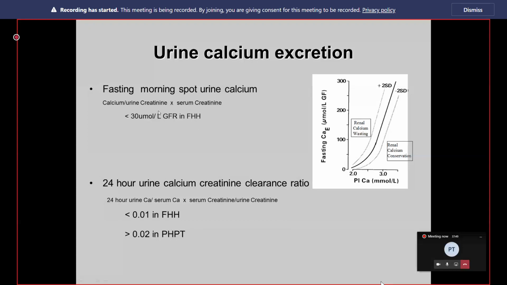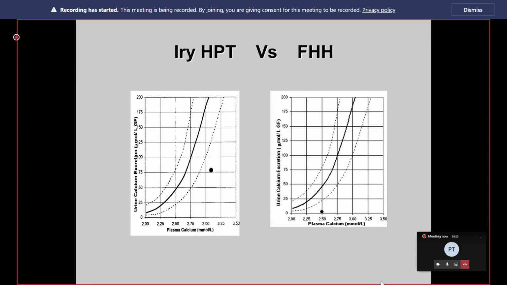And if it's less than 30, then FHH is not excluded, and then we go on to do a 24-hour collection. And that way we can usually differentiate between FHH and primary hyperparathyroidism. Ultimately, we have genetic testing for FHH.